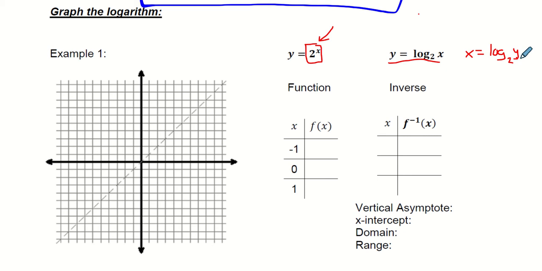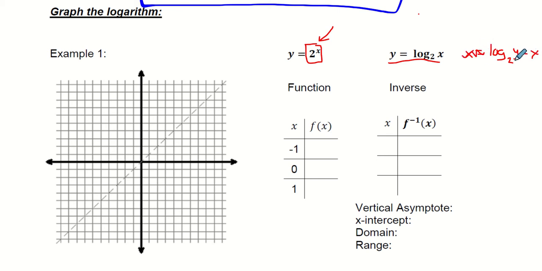And then the next thing you're going to do is rewrite it. And this is what we did a while back when we did logs. Again, you could have put the equals x over here. But if I rewrite it, this would be 2 to the x power equals y. So let me rewrite this, since we've done it like that before.